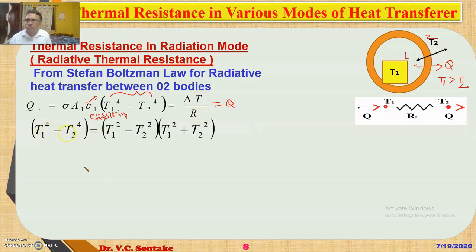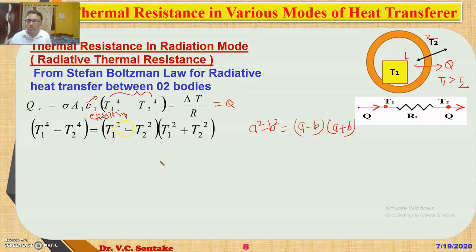So T1 power 4 minus T2 power 4 can be simplified as T1 square minus T2 square into T1 square plus T2 square. This comes from the formula we have come across in mathematics.